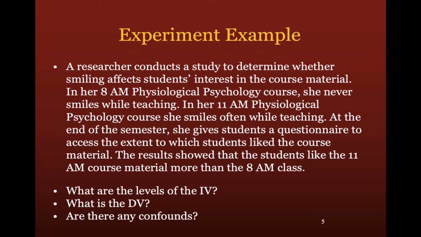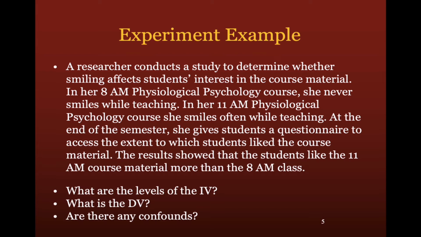That's problematic, right? Because it could simply be that students didn't like the 8 a.m. course as much as the 11 a.m. course because it's at 8 a.m. in the morning. Who wants to take class that early, right? So it may not have anything to do with the professor smiling or not. It could simply be the fact that it's 8 o'clock in the morning.